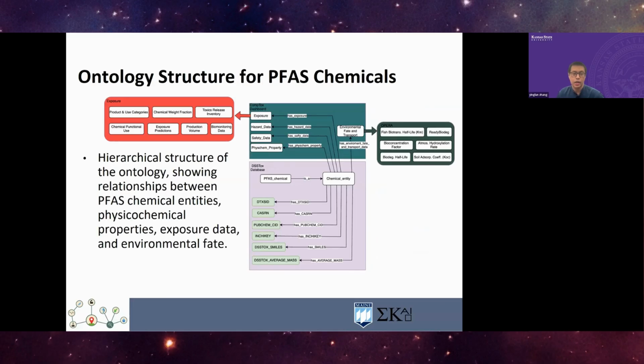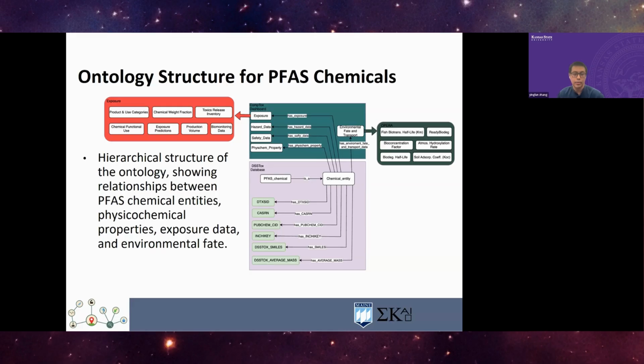And this figure here shows the hierarchical structure of the ontology that we built by applying the methodology. The ontology brings together the data from the DSSTox database and the ComTox dashboard. Where the experimental data is not available, we also include the predicted values from the OPERA models. And it shows how chemical entities connect with their physicochemical properties, exposure information, and environmental fate data.